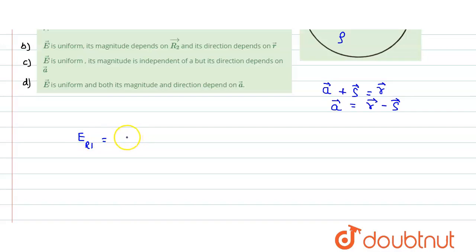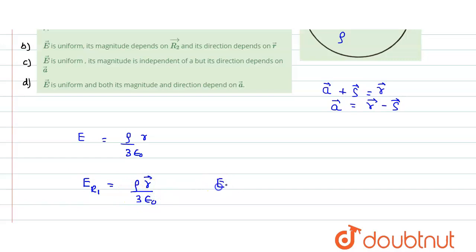It is rho divided by 3 epsilon into the distance. So E from the bigger sphere of radius r1 would be equal to rho r vector divided by 3 epsilon.